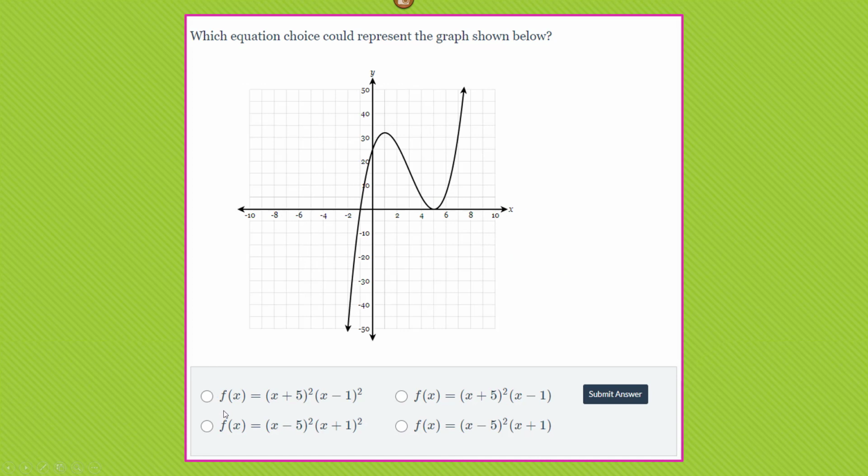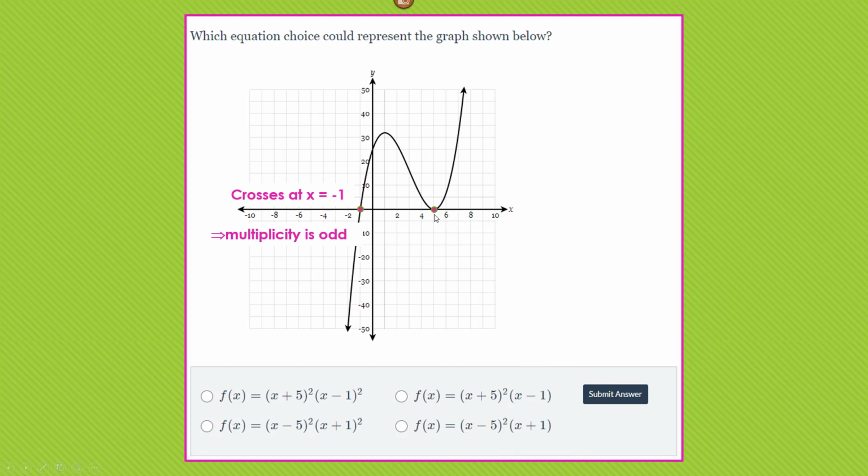All right, here's another one. Looks like we're crossing at -1, and we're touching at 5. If we cross at -1, we should expect an odd multiplicity, so I can eliminate these because they're both even for 1 or -1. So it's going to have to be one of these.